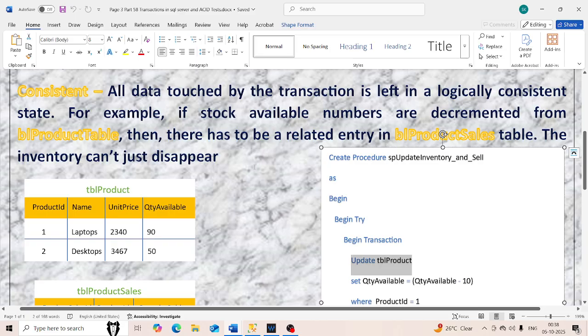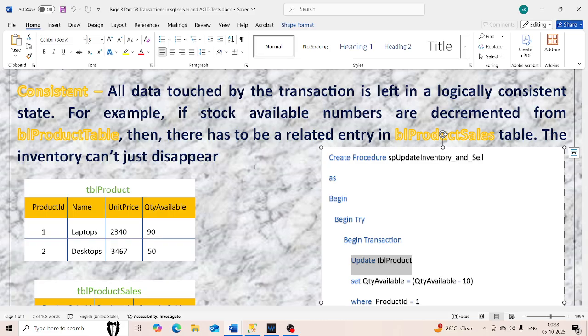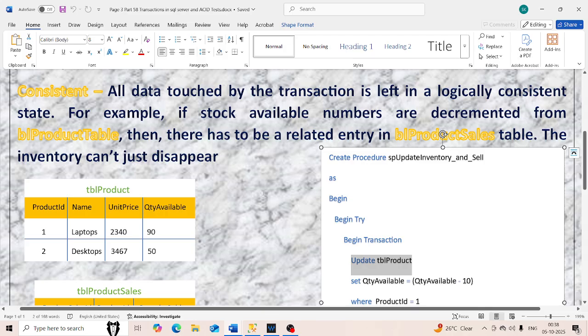In those circumstances, a transaction should undo the first statement and put it back to 90. Otherwise, we cannot account for those 10 laptops. So that is what consistency says: all data touched by the transaction is left in a logically consistent state.